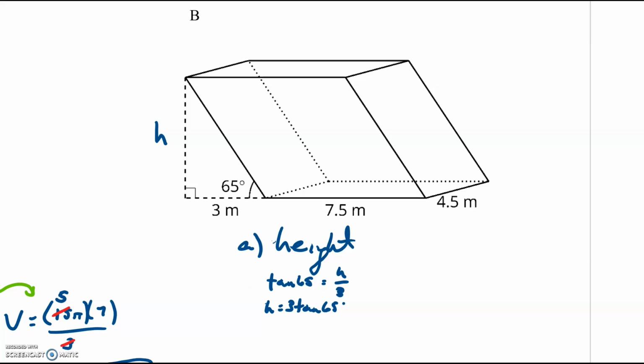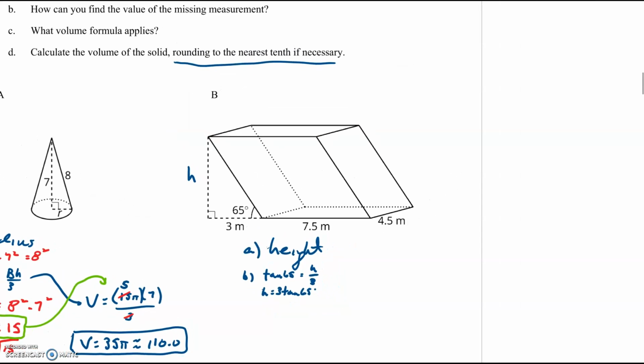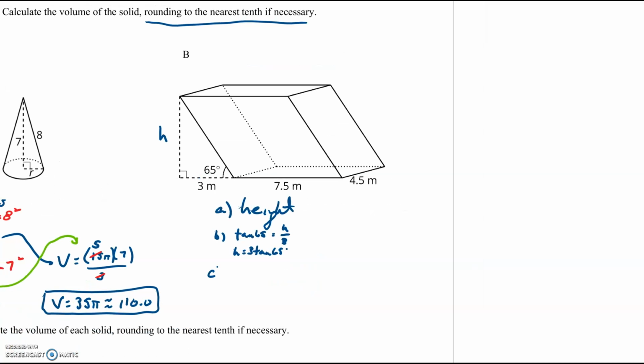So that's how I would find part B here, how I would find the height. Part C, what volume formula applies? Well, for a rectangular prism, the volume is the area of the base times the height.